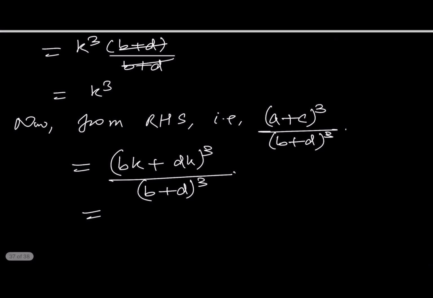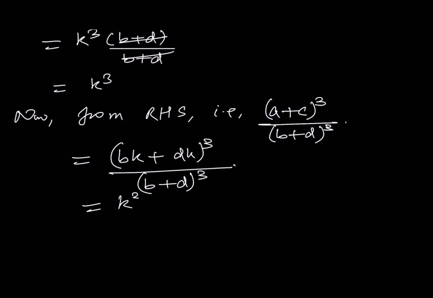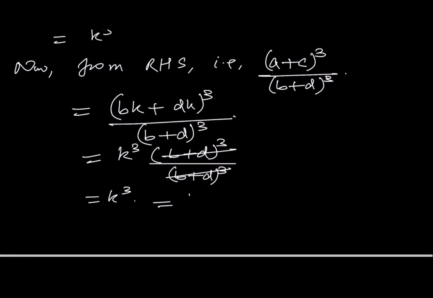I'm taking K as common, so outside it is K cube and in bracket it is B plus D whole cube, and in denominator it is same, that is B plus D whole cube. So it is nothing but K cube, which is LHS, right? So LHS is equal to RHS. We have proved this thing, so hence proved.